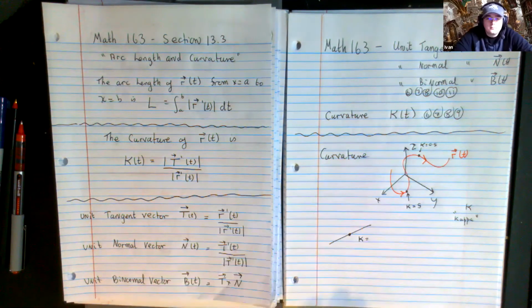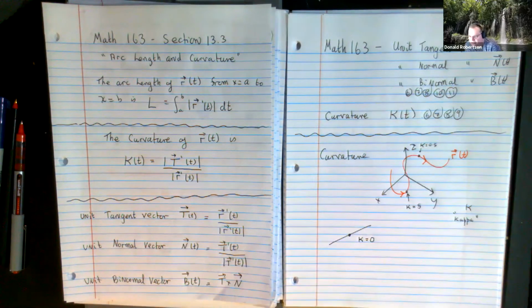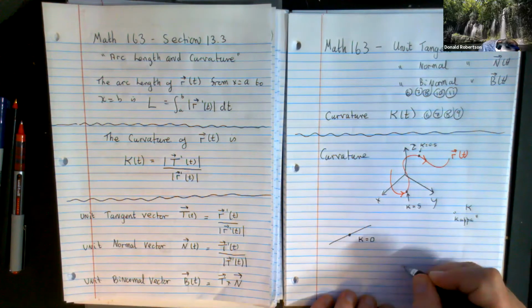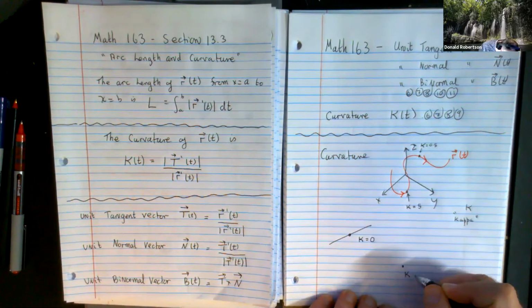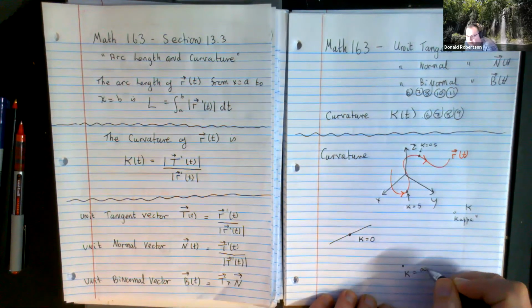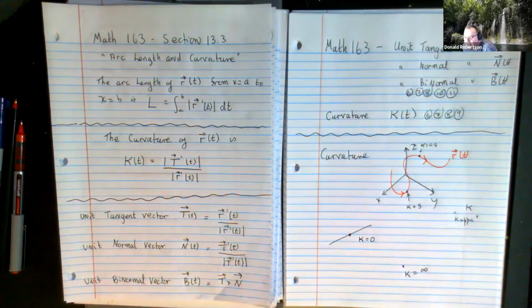Right, you can't get any less curved than straight, agreed? So kappa is 0. The bigger the kappa, the more curved it is. And we did the extreme, and remember, a single point in space technically would have a curvature of infinity. That's really not a question that you're going to be asked. And then all the other shapes have different kappas.